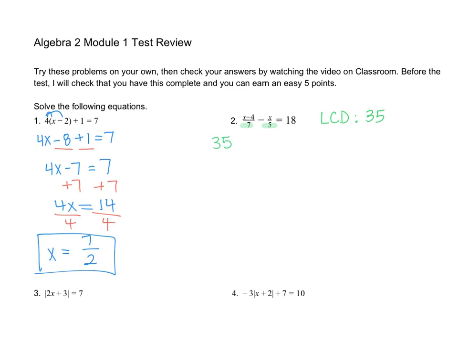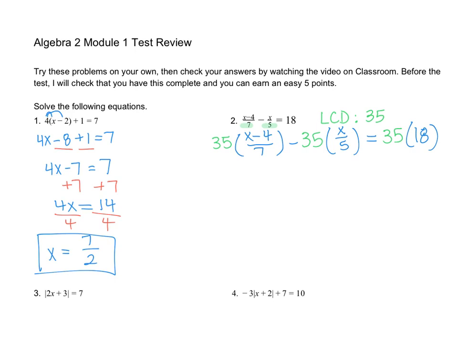So we're going to have 35 times x minus 4 over 7 minus 35 times x over 5 equals 35 times 18. Now instead of multiplying 35 to my numerators and my fractions on the left side, what I'm actually going to do is divide them by the denominator.